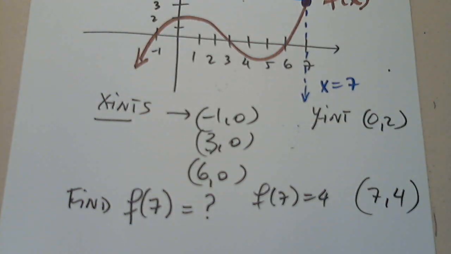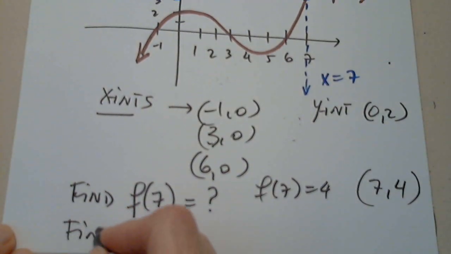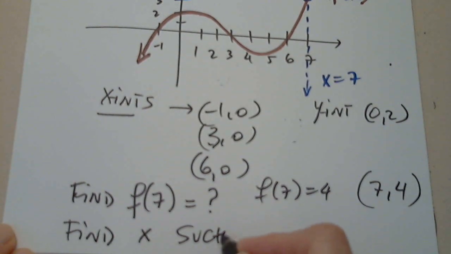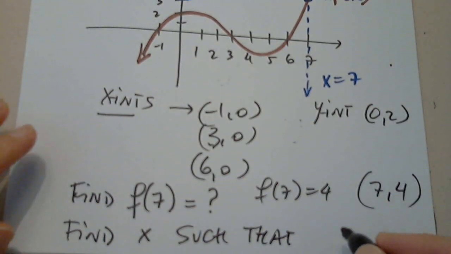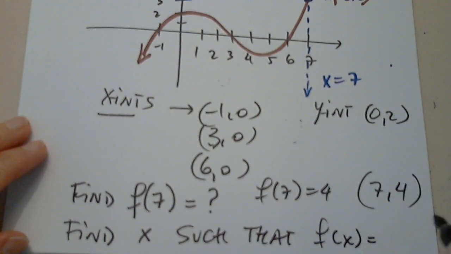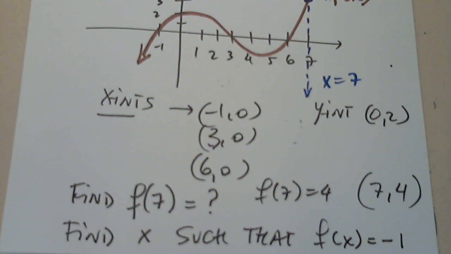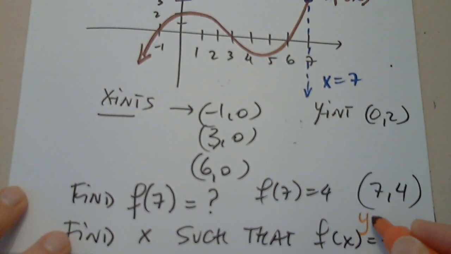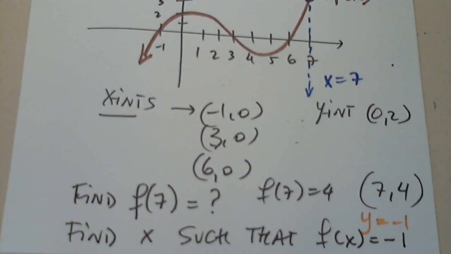Now here's the second type of question, which is totally different. Find x such that f of x equals -1. This is a totally different situation because this is y equals -1. Y is given now, not x.